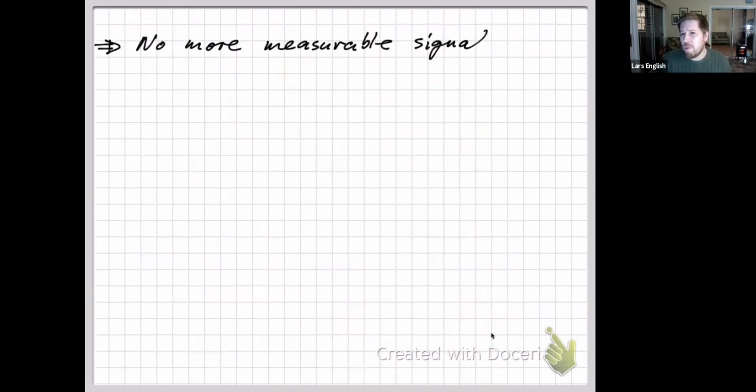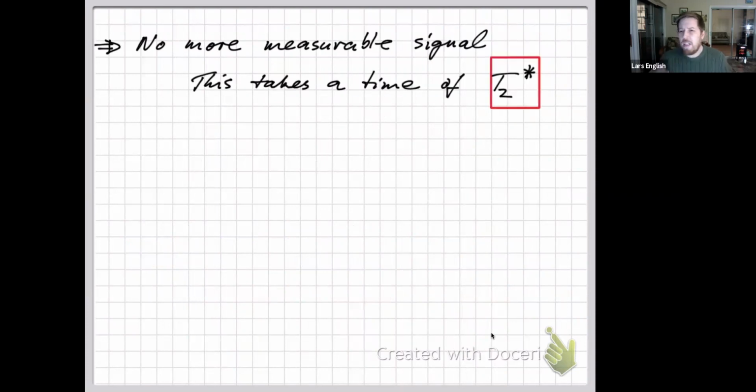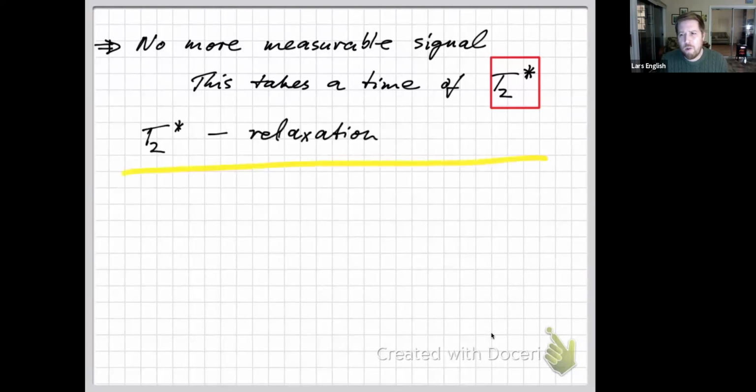There's no more measurable signal at that point. This takes a certain amount of time, and we call that time T2 star. So when you see that FID signal decay to 0, it takes an amount of time of T2 star, and we call that T2 star relaxation.